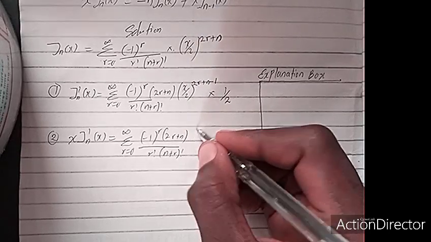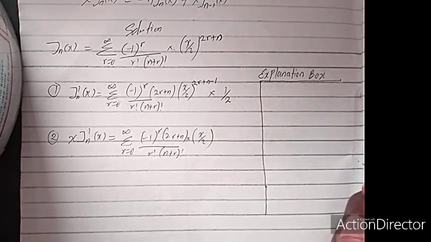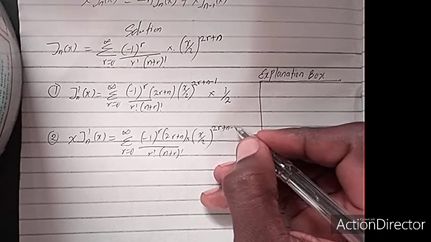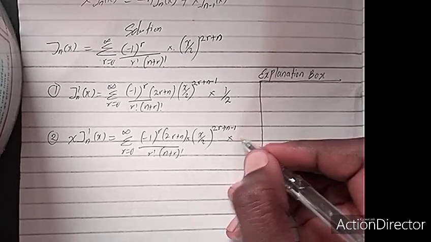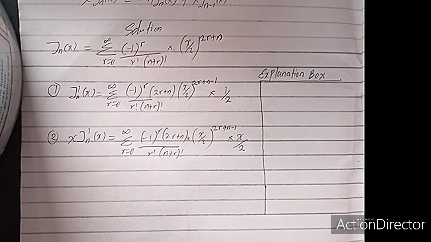This will give me times (x over 2) raised to power 2r plus n minus 1 multiplied by x over 2.